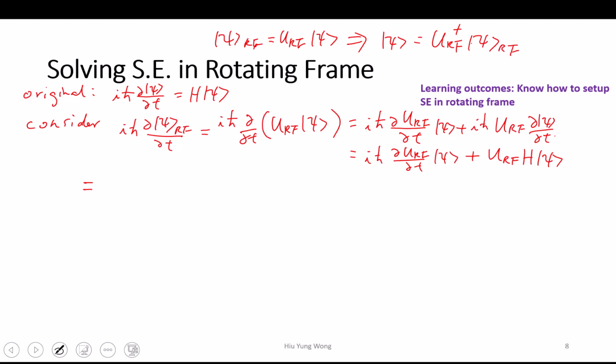So because of this, then I have i h bar partial U RF. I don't have enough space. Let me write it again.